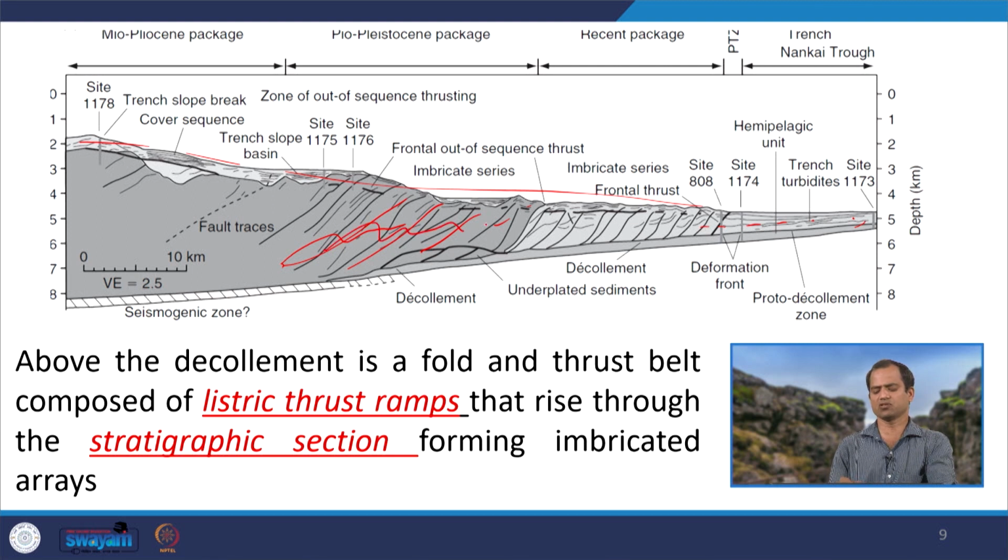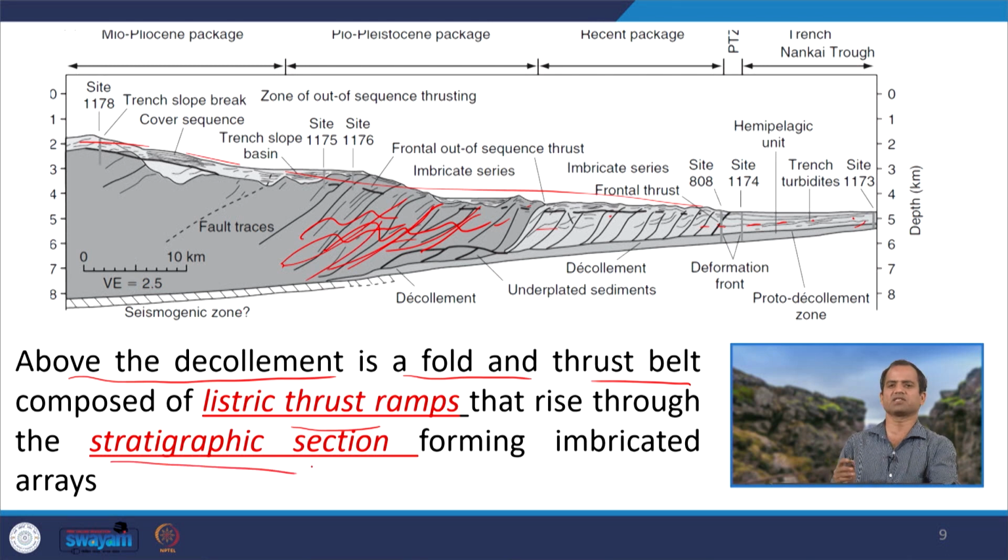So we have folds and thrusts. Above this decollement is the fold thrust belt, with listric thrusts and listric ramps, gradually moving in this direction, with curved thrust plates. In a stratigraphic section, they cut from the lower side to the upper side, so the whole stratigraphy is cross cut by this thrust system.